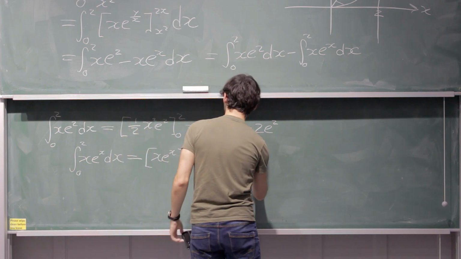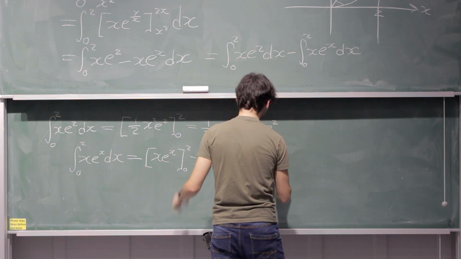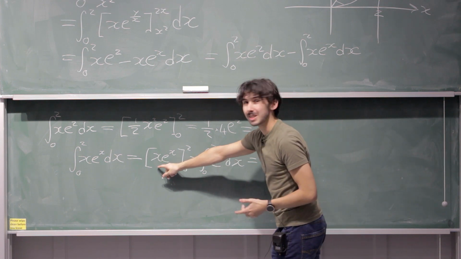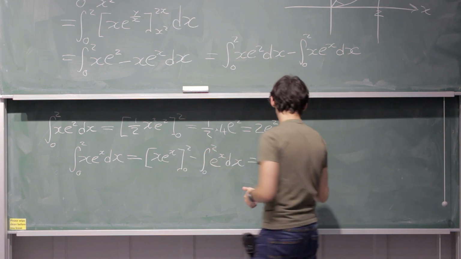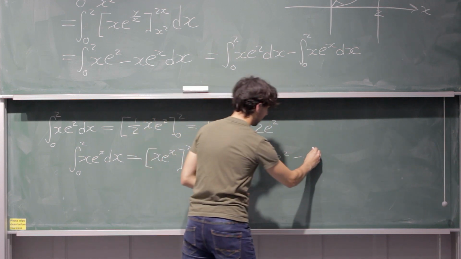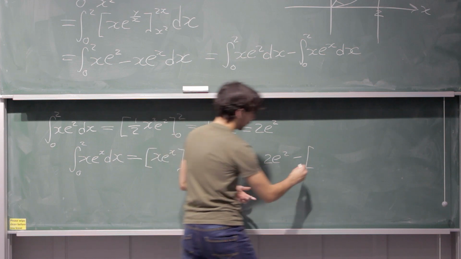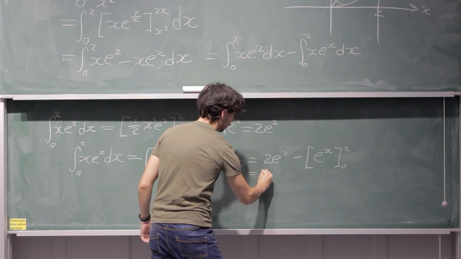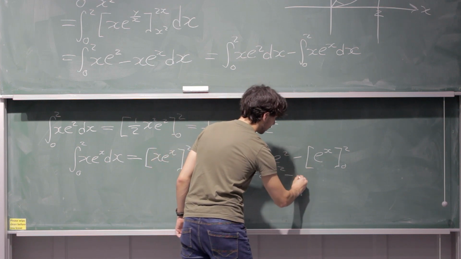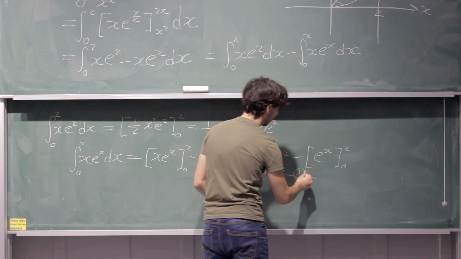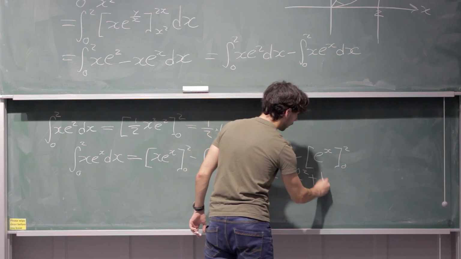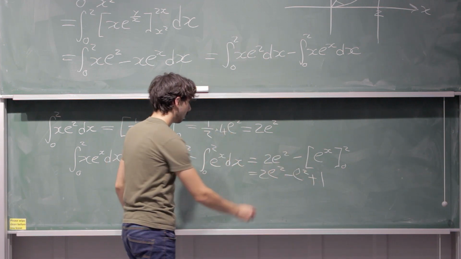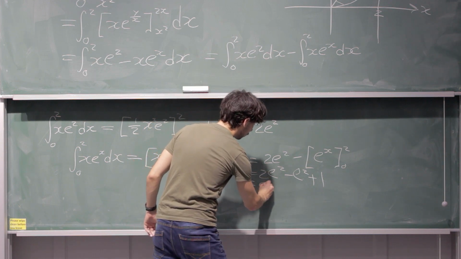Okay, this is then equal to 2e squared minus 0, because it'd be 0e to the 0, minus the integral, which is just e to the x evaluated from 0 to 2. So that's 2e squared minus e squared, minus, which would become a plus 1, because it'd be like minus e to the 0, so there's a plus 1 there. So this becomes e squared plus 1.